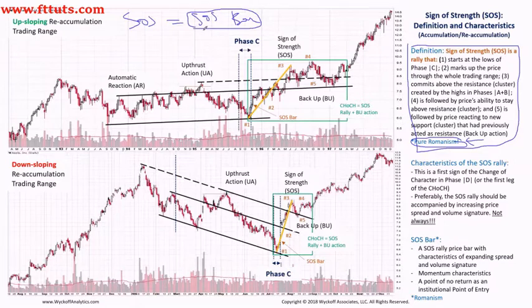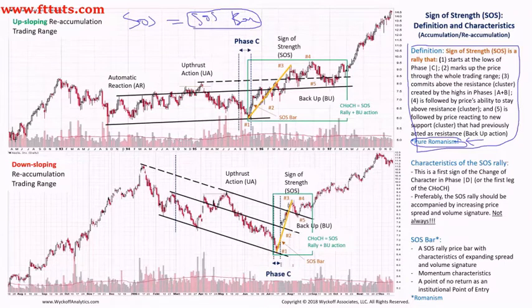It could be even a definition of a sign of strength bar. It's a characteristic. We know that the characteristics of the sign of strength bar are going to be exactly that: increasing upspread and increasing volume signature. But it's not necessarily a definition for a sign of strength rally.